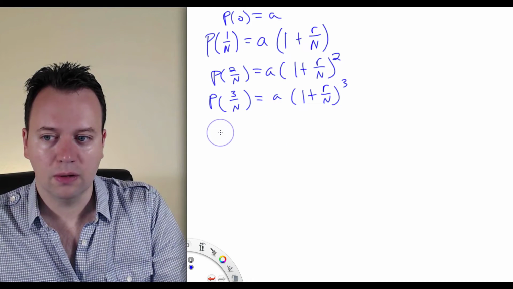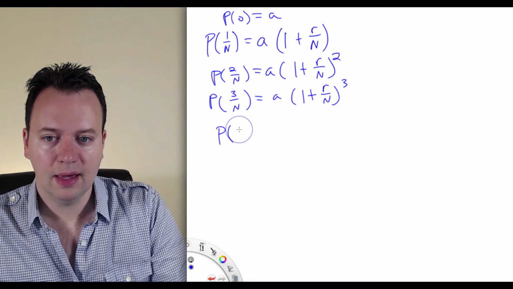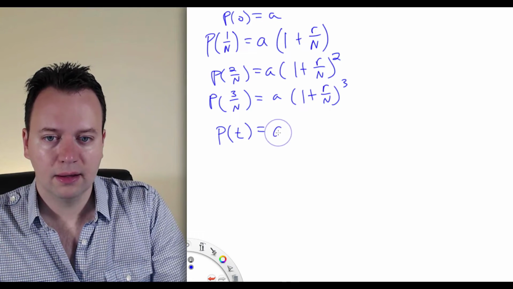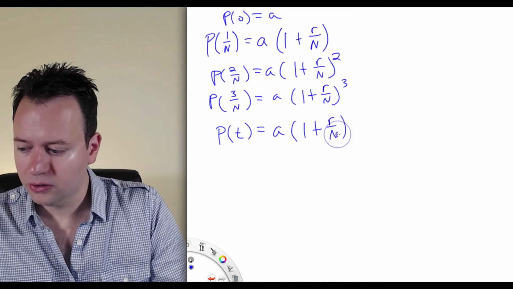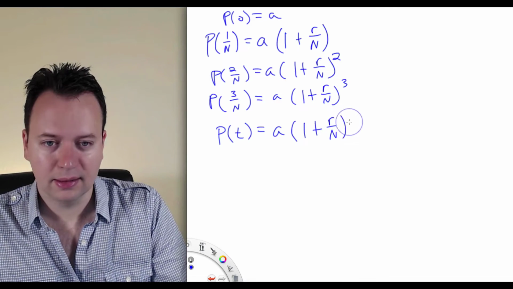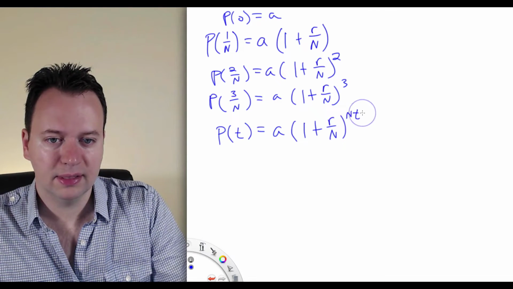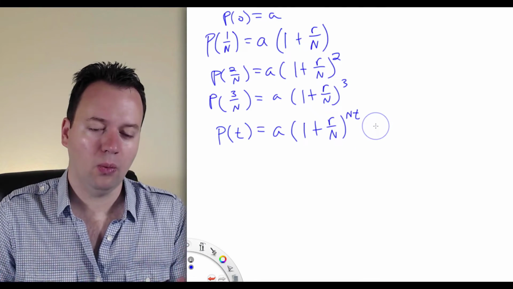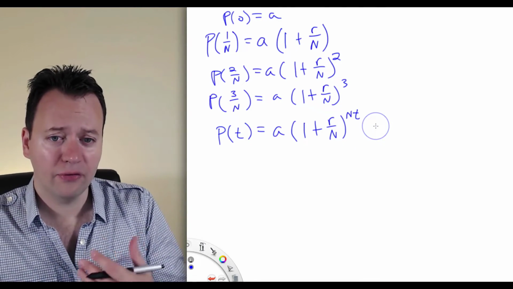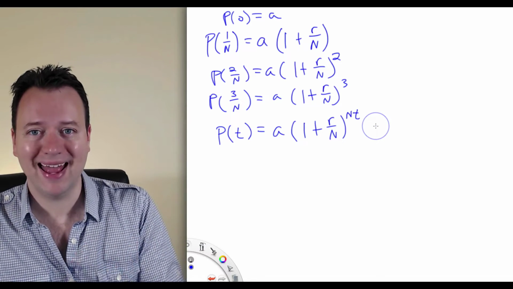So in general, if we have P of t, we have to think about this a little bit. What it should be is n times t for the exponent. The way to think about this is if t is equal to 1, we have exactly compounded interest n times.